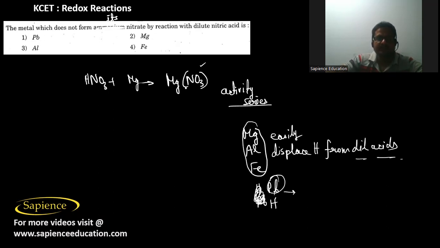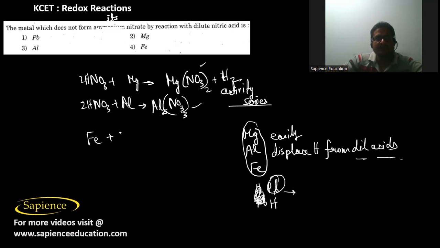So hence with Mg, magnesium nitrate and hydrogen will be formed, and with aluminium also, aluminium nitrate, Al(NO3)3, will be formed. And with iron also, iron nitrate will be formed. And with lead, nitrate will not be formed.